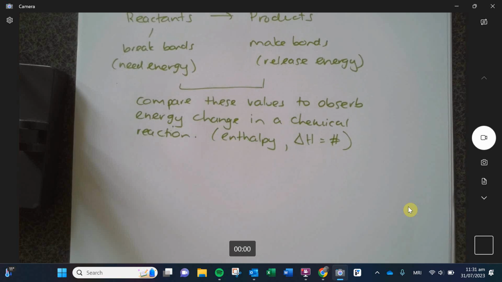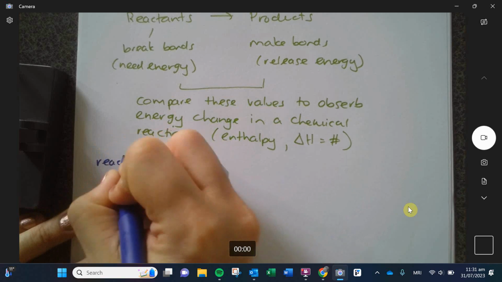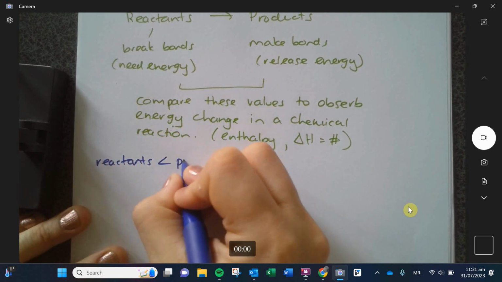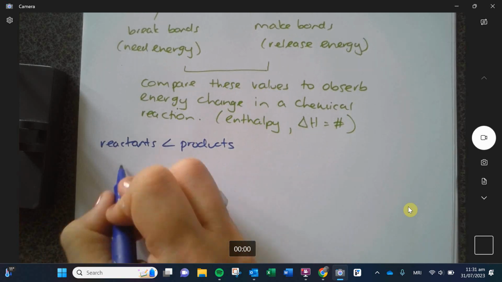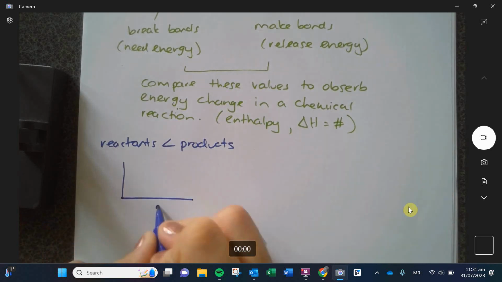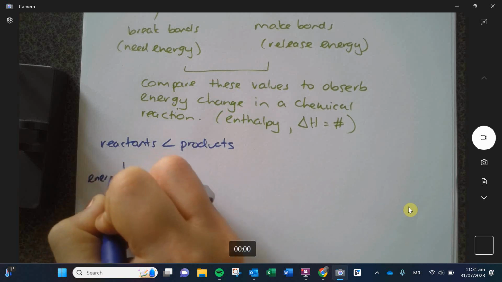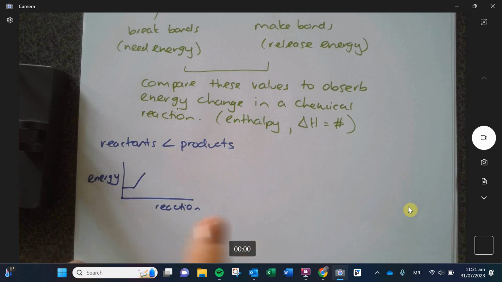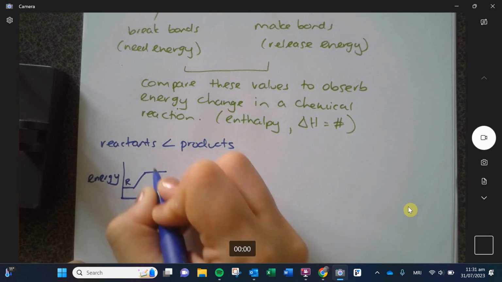So if I'm comparing the energy of the reactants versus the energy of the products, and the product value is larger, let's say I have a little graph. This is the reaction. That's the energy. So I have my reactants, and energy, chemical reactions occur, and then there's my products.